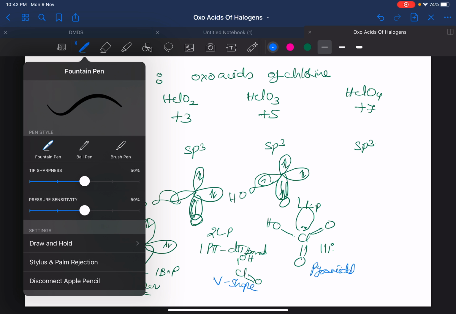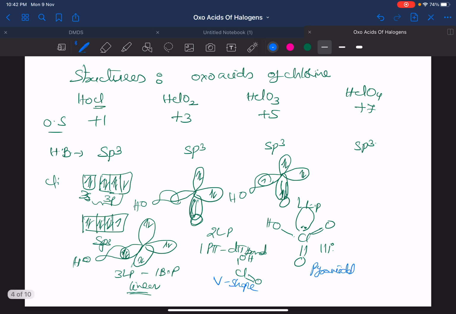And the next one is HClO4. It is also having sp3 hybridization. So 4 sp3 hybrid orbitals are present. Here one OH group is there, and in perchloric acid the other electrons are bonded with oxygen atoms.